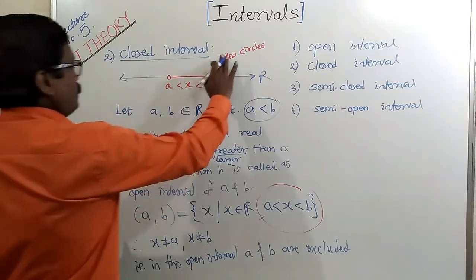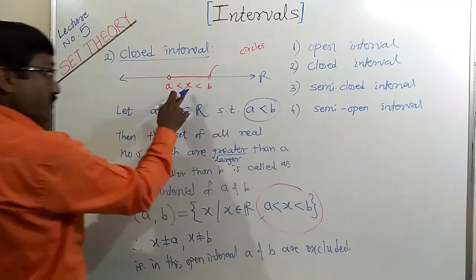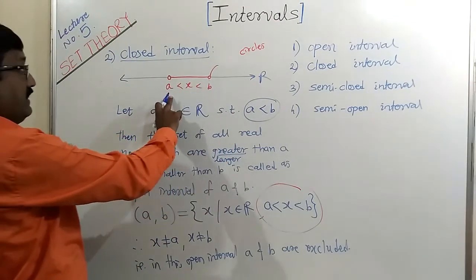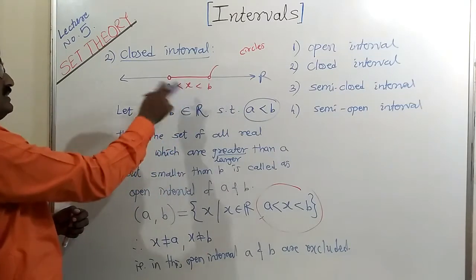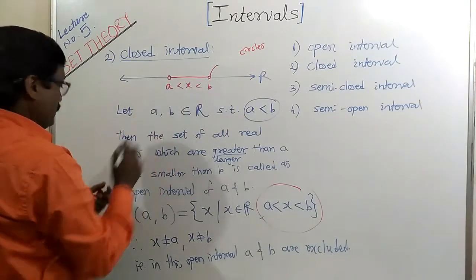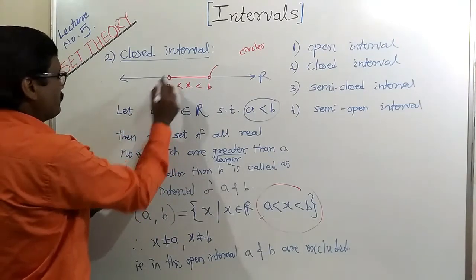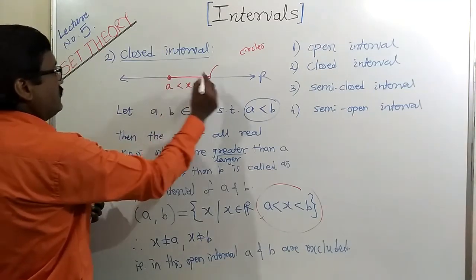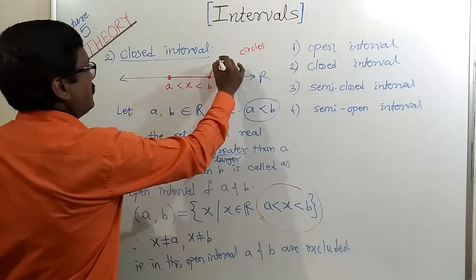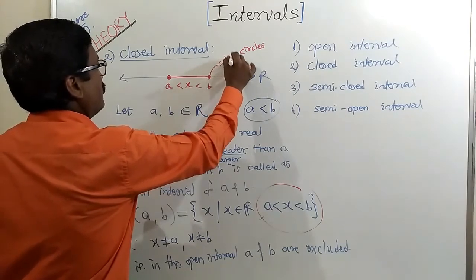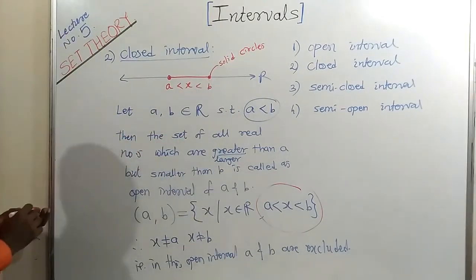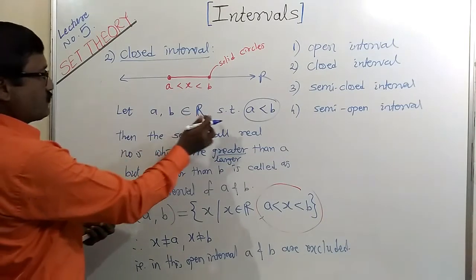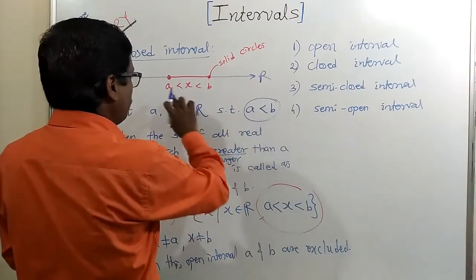In case of closed interval, the value of x is greater than A, less than B, also it is equal to A and equal to B. Means these circles become solid now. This solid circle indicates that these are solid circles.